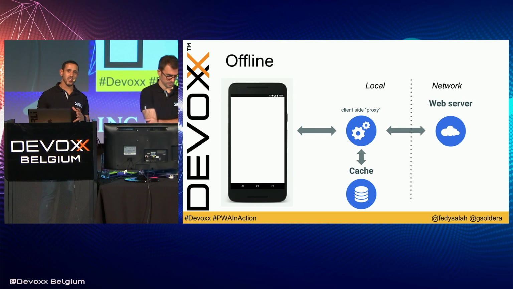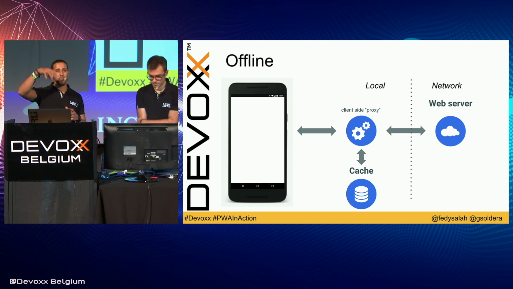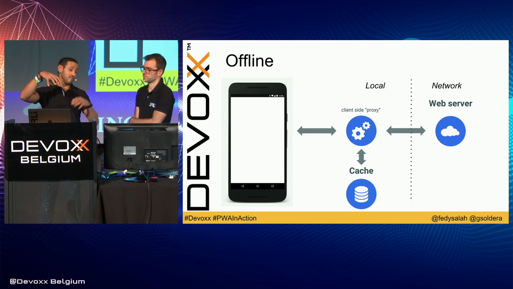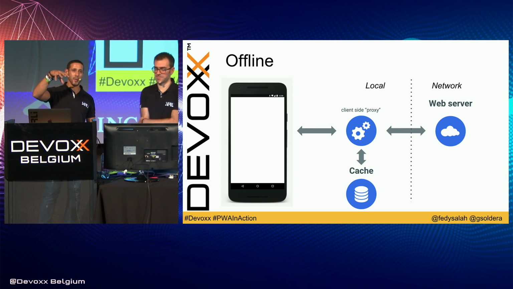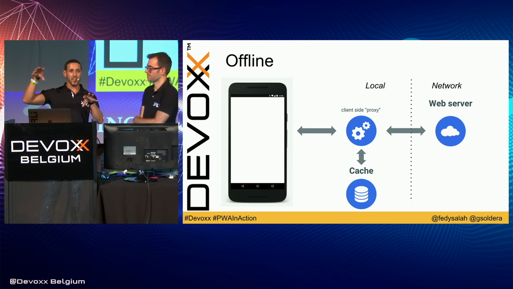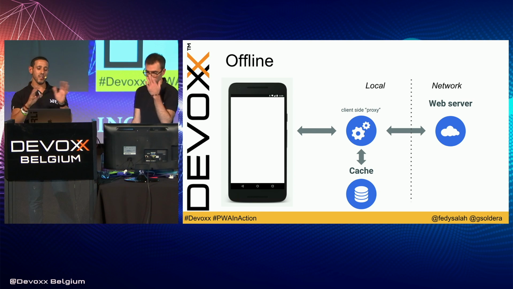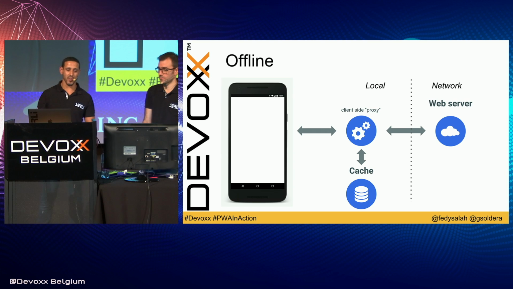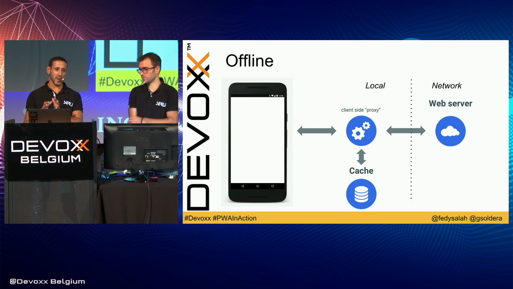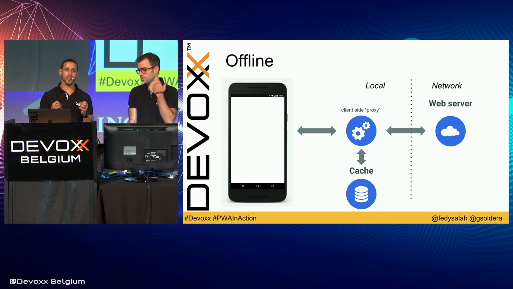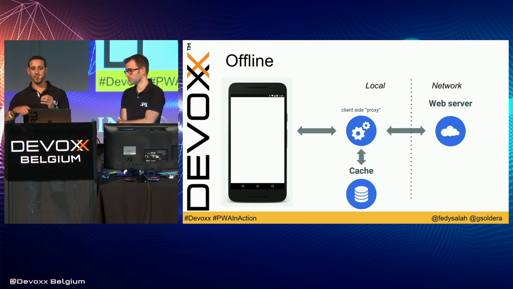So let's imagine that we have a man in the middle, not a security issue or something like that, but a man in the middle between the client and the server. And this man in the middle, let's call it a proxy to avoid the trouble. So this proxy can handle all the requests from the client and then manage them.